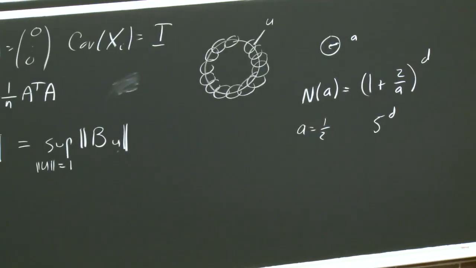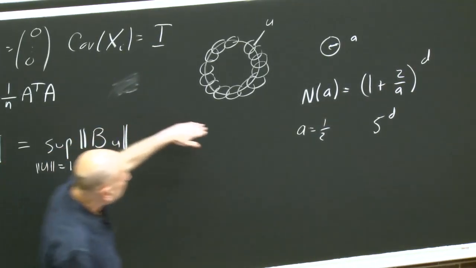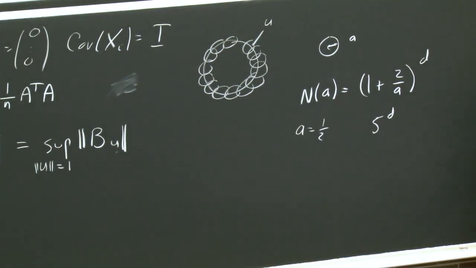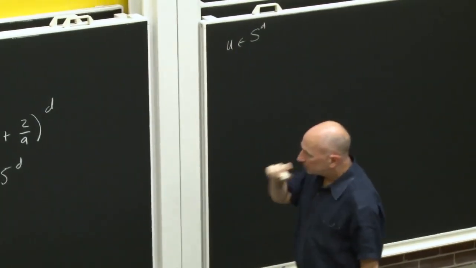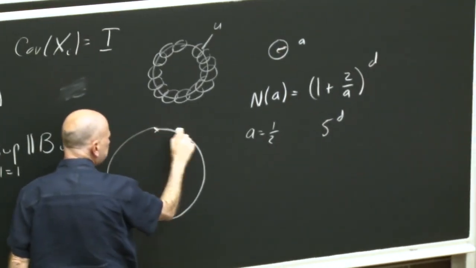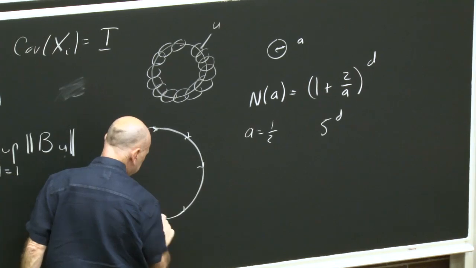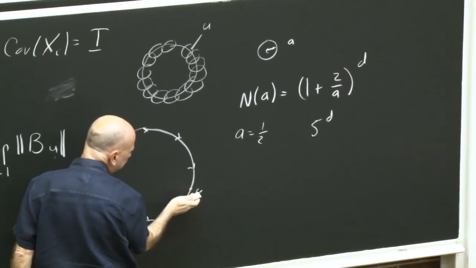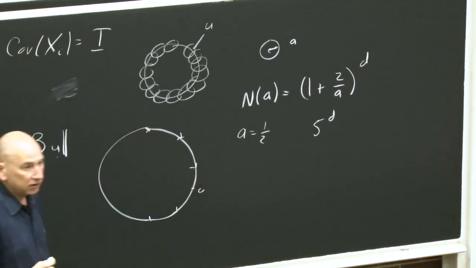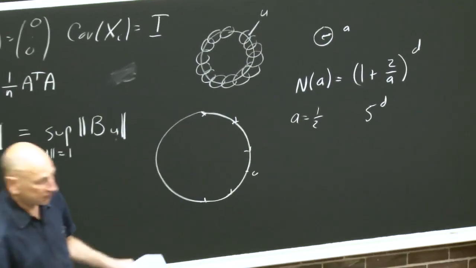Now, if I take any u in that sphere, think about this approximating set. If I take any arbitrary u, I can always write it as the closest point plus the difference.